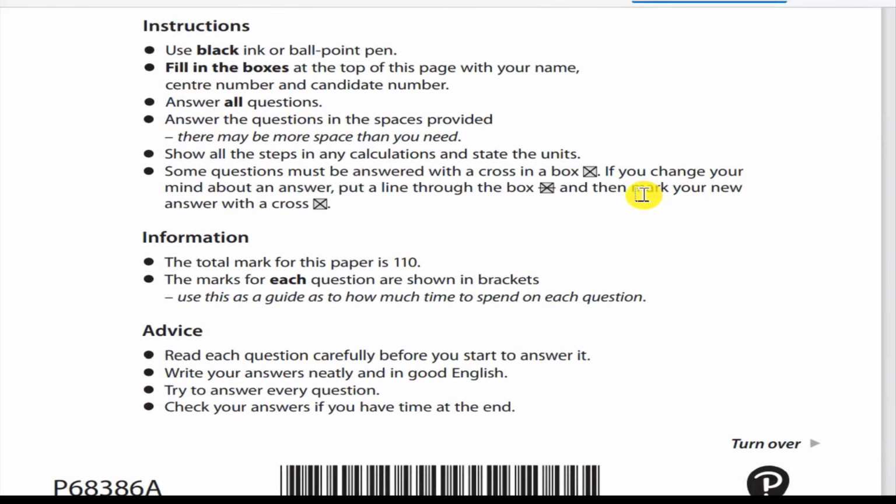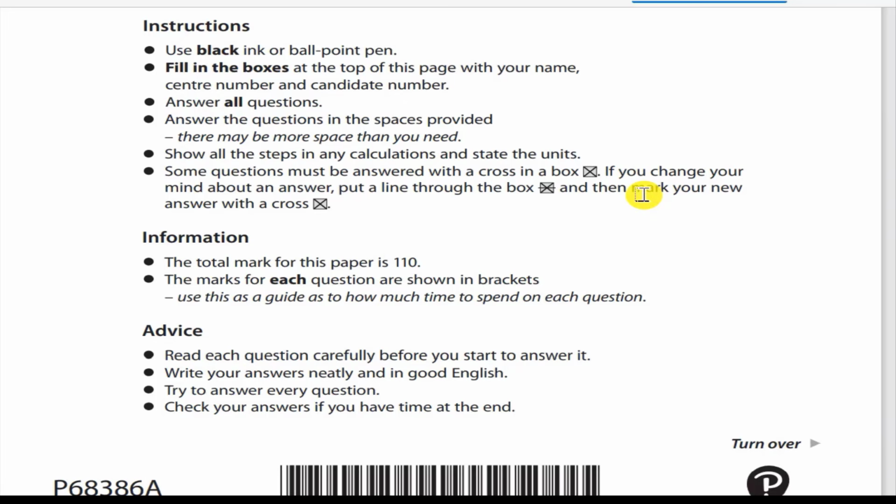Instructions: use black ink or ballpoint pen. Fill in the boxes at the top of the page with your name, center number and candidate number. Answer all questions. Answer the questions in the spaces provided.